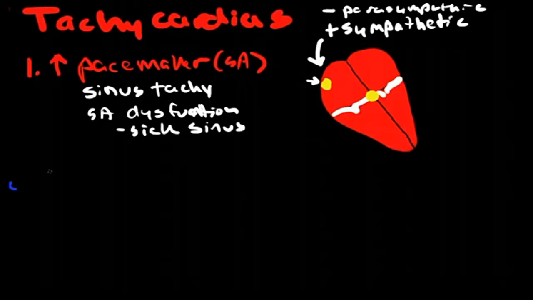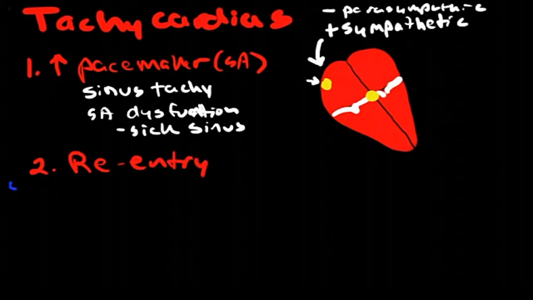is going to be reentry tachycardias. Now, one example of this would be atrial fibrillation. If you imagine, usually the action potentials flow in a straight line from one direction to another, right? So we have these general pathways.